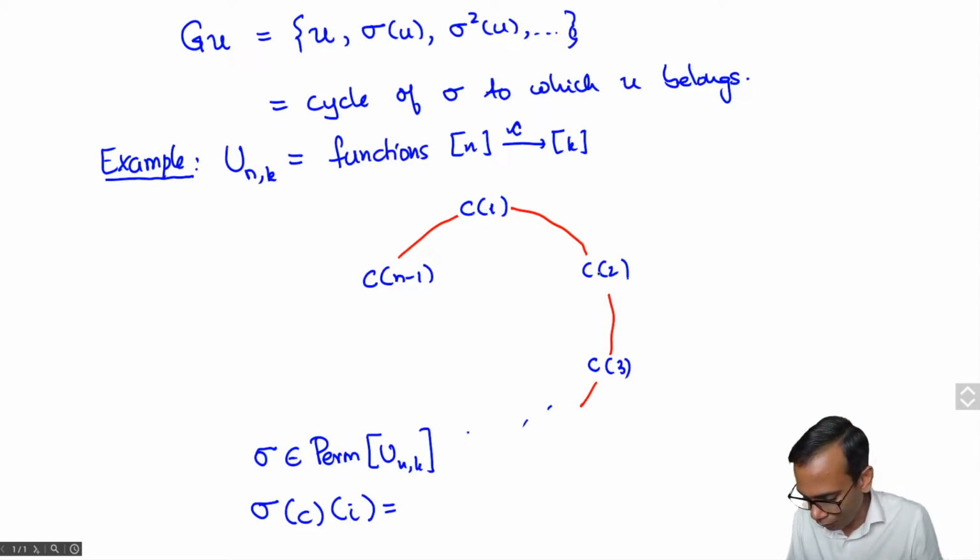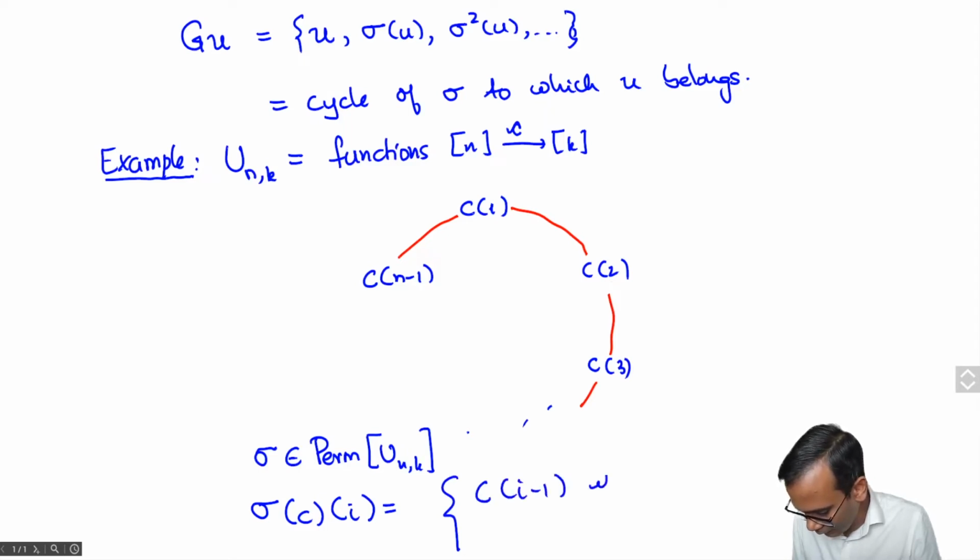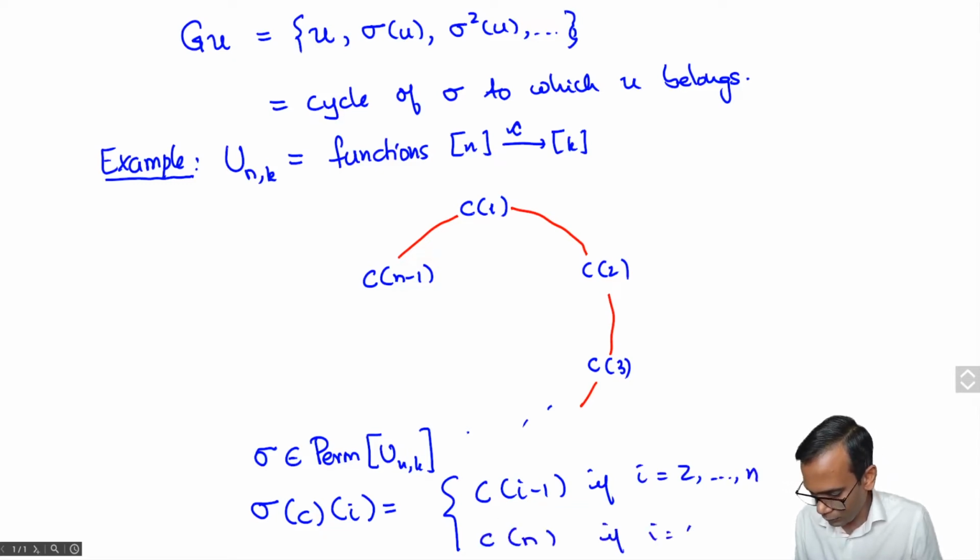The color of the second bead will become the color of the first bead. The color of the third bead will become the color of the second bead, and so on. So this will be the color of I minus 1 if I is from 2 to N. But for the first bead, of course, you should take the color of N if I equals 1.